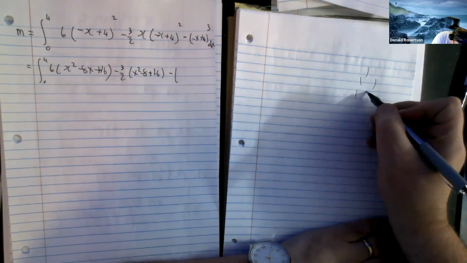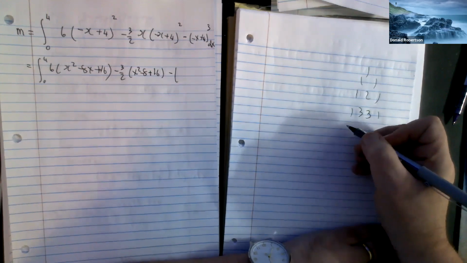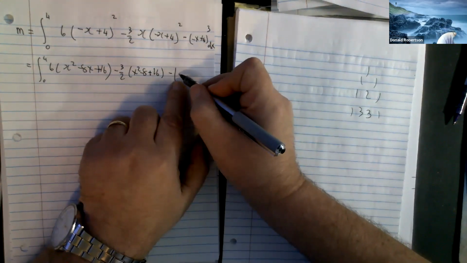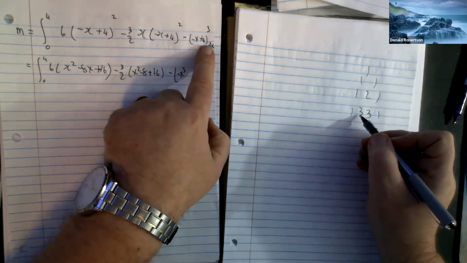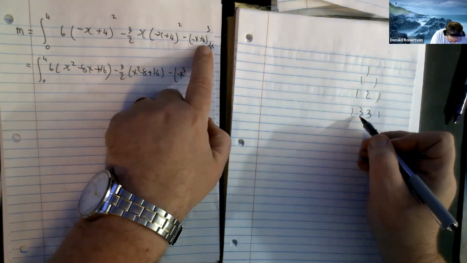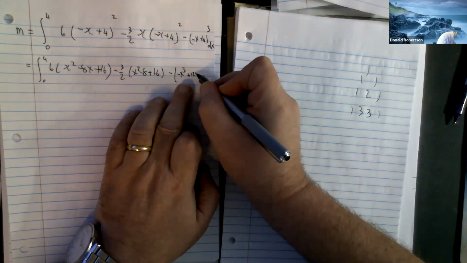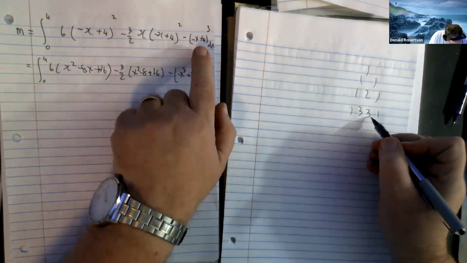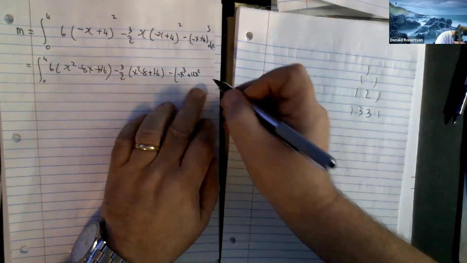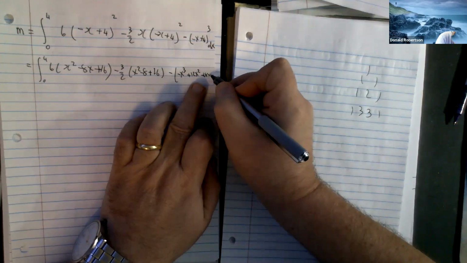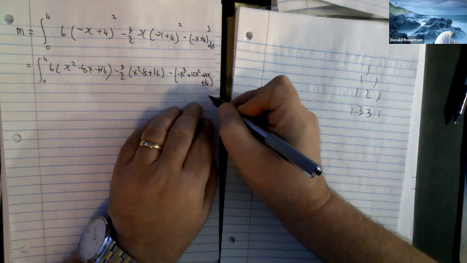It's going to be 1, 1, 1, 2, 1, 1, 3, 3, 1. So I'm going to get negative x cubed. Then 3 lots of that squared times that, so I'm going to get 12 x squareds. Then 3 lots of that and 4 squared, which is 16, so I'm going to minus 48x. And I'm taking 4 and cubing, and I'm going to get 16.